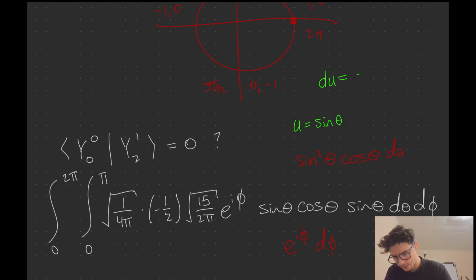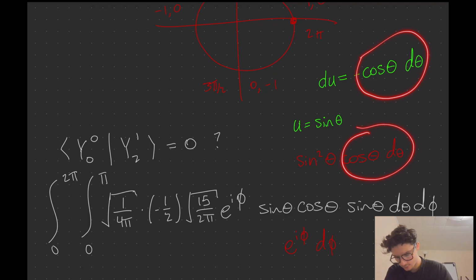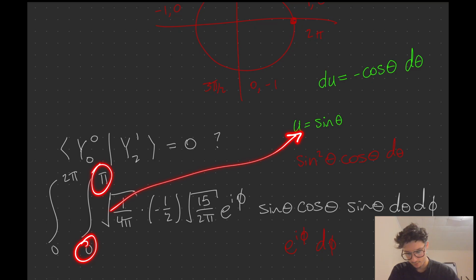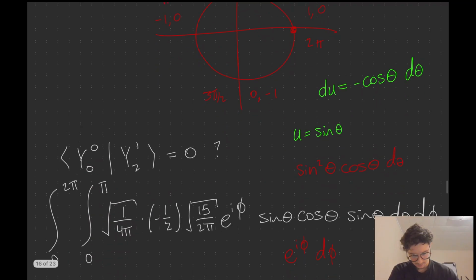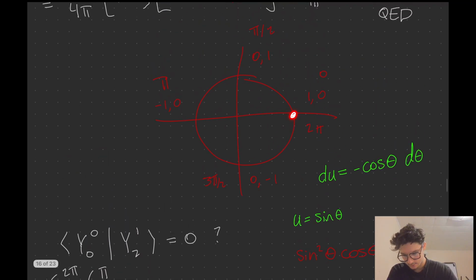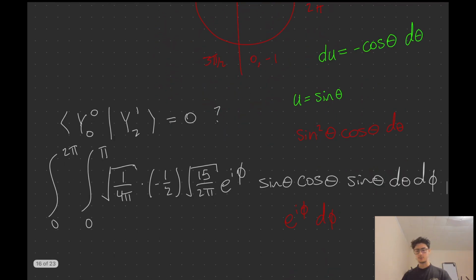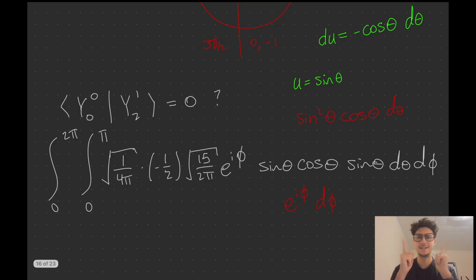Then du is equal to cosine theta d theta. And we have this right over here. So this u sub simply becomes this. And that's actually pretty nice. But the problem is we have to use these bounds in here as well. However, sine of 0 is 0, and sine of pi is also 0. We get 0 minus 0 equals 0. Okay, guys, I found a very easy way to do this integral.